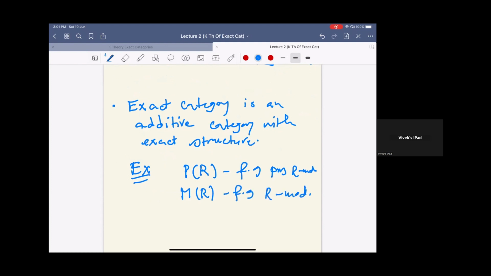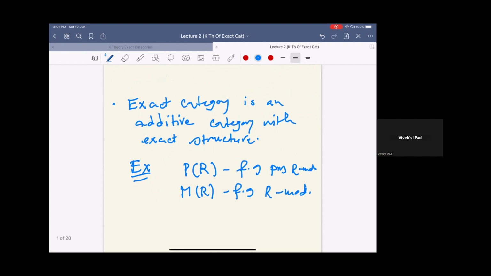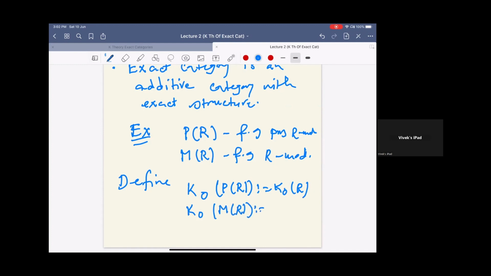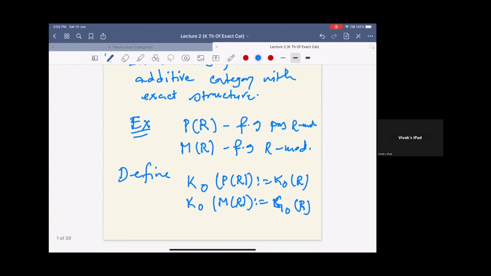So these are actually examples of exact categories, and we define both K0 of PR as K0 of R, and K0 of MR, so it's G0 of R. Okay.